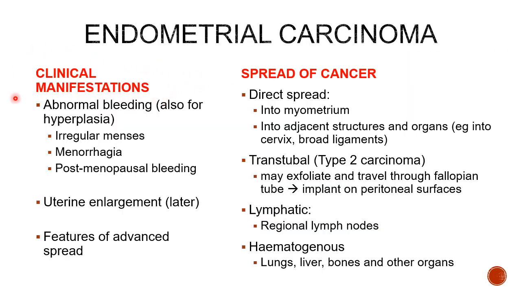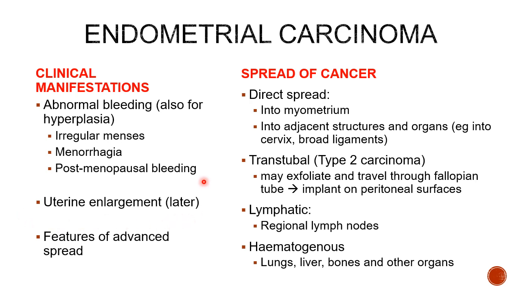The most common clinical manifestation of endometrial carcinoma is in the form of abnormal bleeding, and this is also a manifestation of endometrial hyperplasia. Patients can have irregular menses or menorrhagia if premenopausal, and if the woman is postmenopausal, then they can have postmenopausal bleeding.